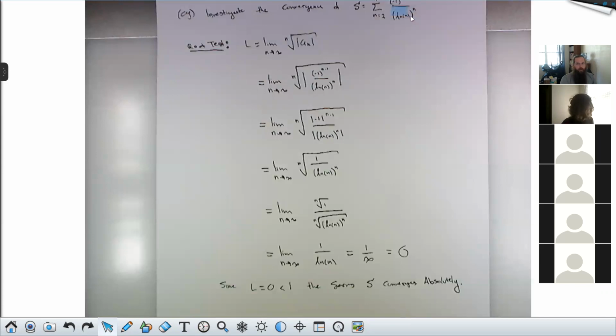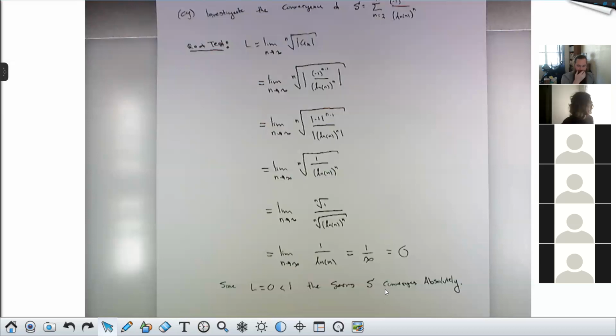So the bottom here is getting quite huge. The top is bounded. So this is going to 0. The general term here is going to 0 very quickly. So this is an absolutely convergent series. The series converges quite nicely, quite quickly. The general term not only goes to 0, it goes to 0 very, very fast.